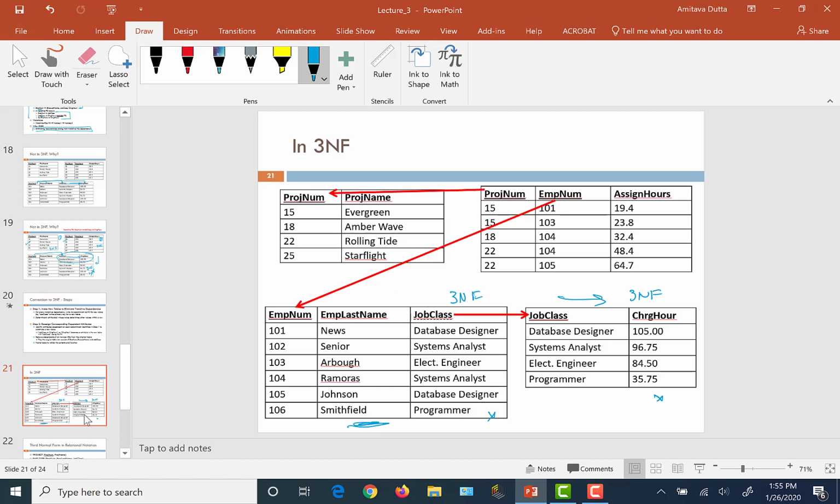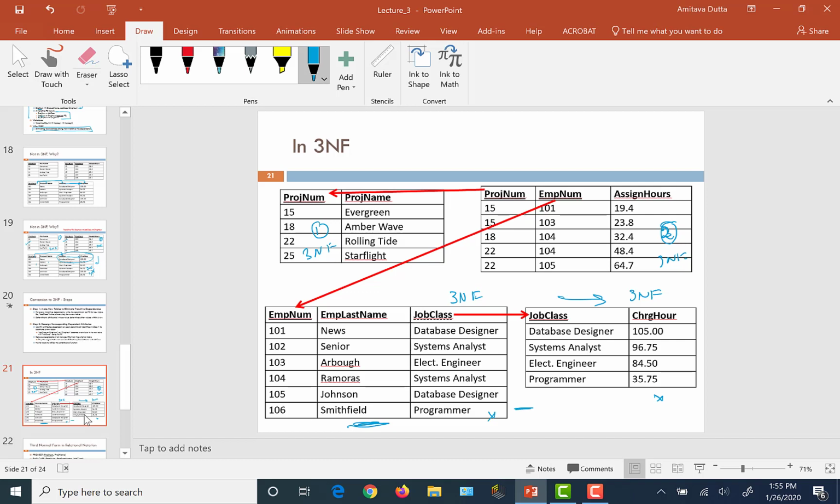Okay, and we had previously said that the project table and the hours work table do not have transitive dependencies anyway, so they are already in third normal form. So now we started with an original table which was in first normal form, had all kinds of anomalies, and now we have split it up into 4 tables, each of which is in third normal form. But notice how the split was done for the employees.